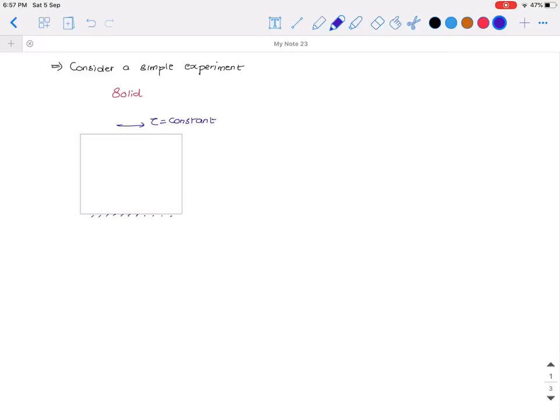Upon application of this shear load, the solid deforms and attains equilibrium because the applied shear force is constant. This is theta. Upon loading, the solid deforms and tau is kept constant, so it attains equilibrium.